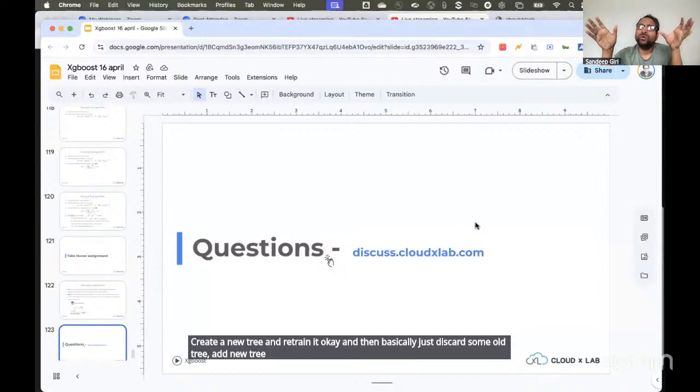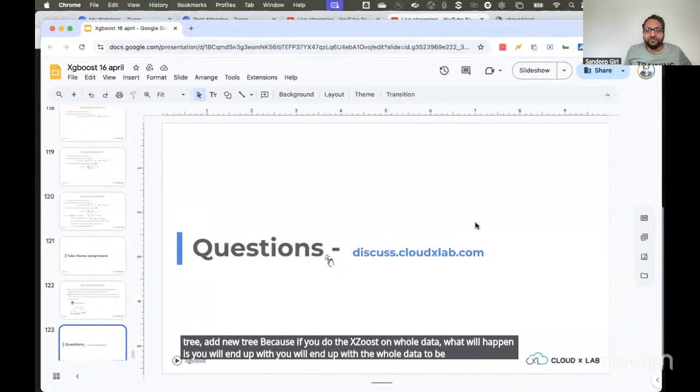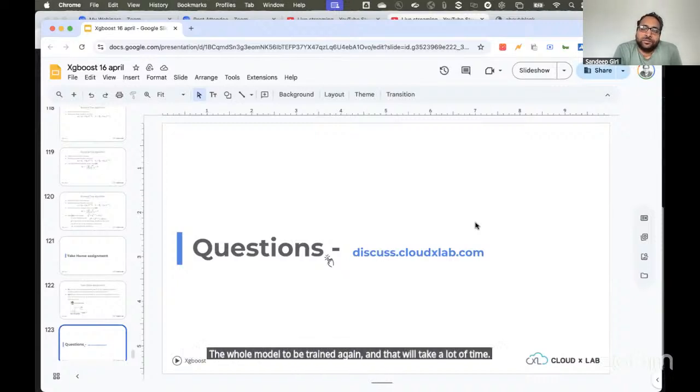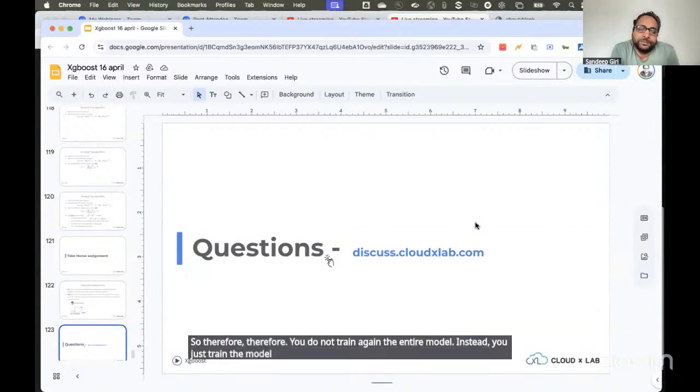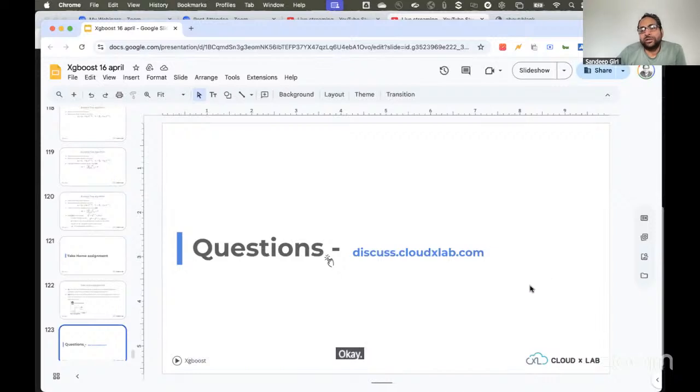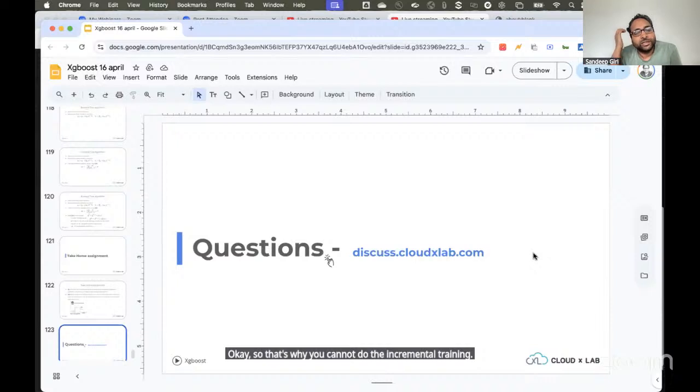Because if you do XGBoost on the whole data, you will end up with the whole model to be trained again, and that will take a lot of time. So therefore, you do not train the entire model again. Instead, you just train the model part by part. Okay, so that's why you cannot do the incremental training. Was that your question, Prince?